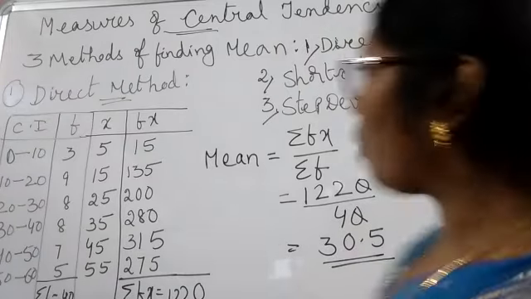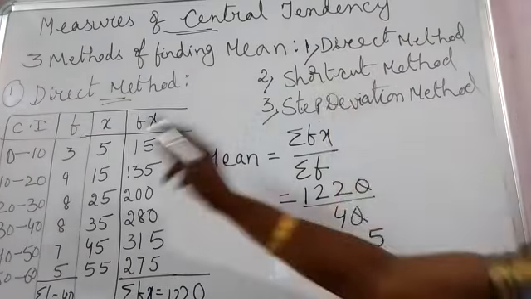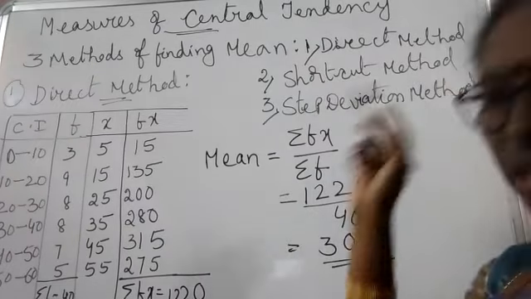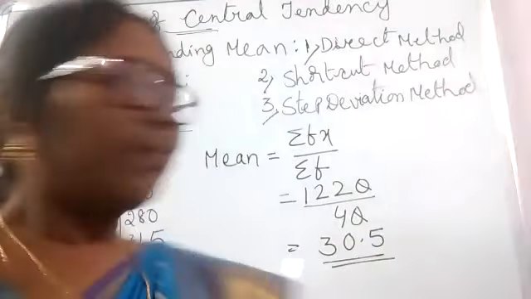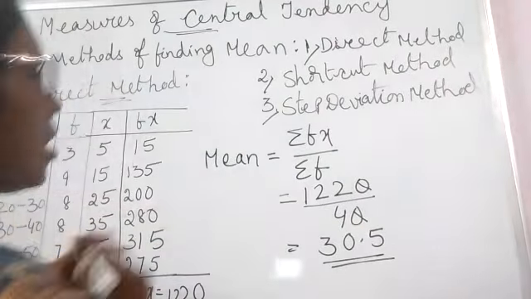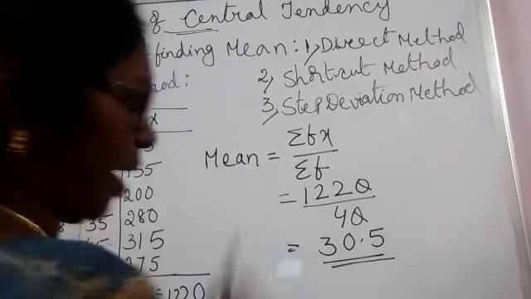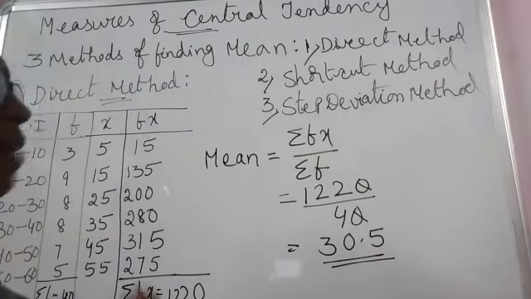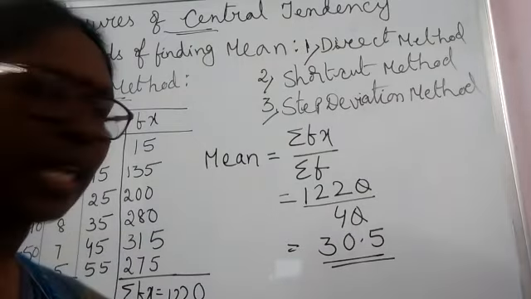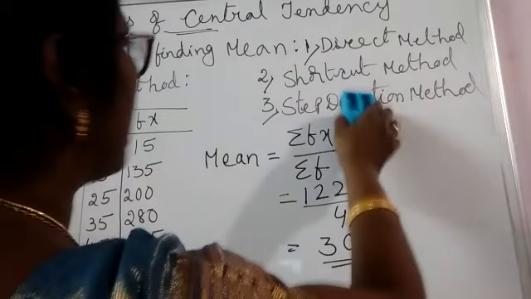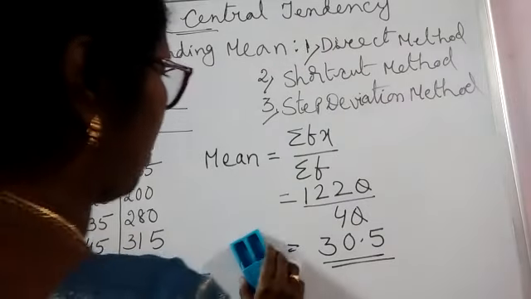Okay? Now let us learn how to find the mean by shortcut method. For this same data, we got the mean 30.5. 30.5 mean we got when we did by direct method. Now let us learn how to find the mean by shortcut method.